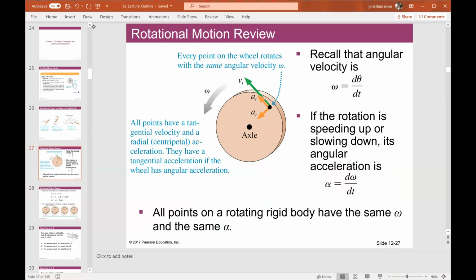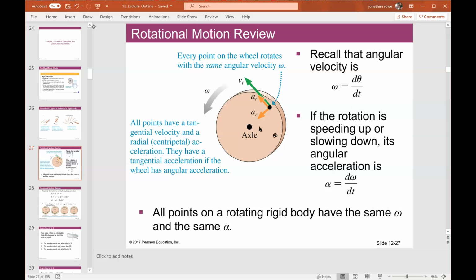All right. So every point on this wheel rotates with the same angular velocity, omega. This is kind of a review. It doesn't matter where the point is, they have the same angular velocity, the same angular acceleration, the same change in angular position, and so on. But the linear distance, the linear velocity, the linear acceleration is not the same.